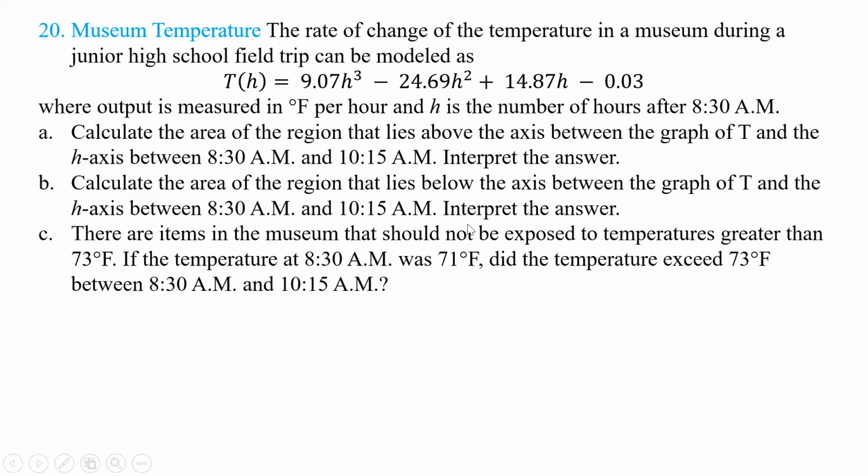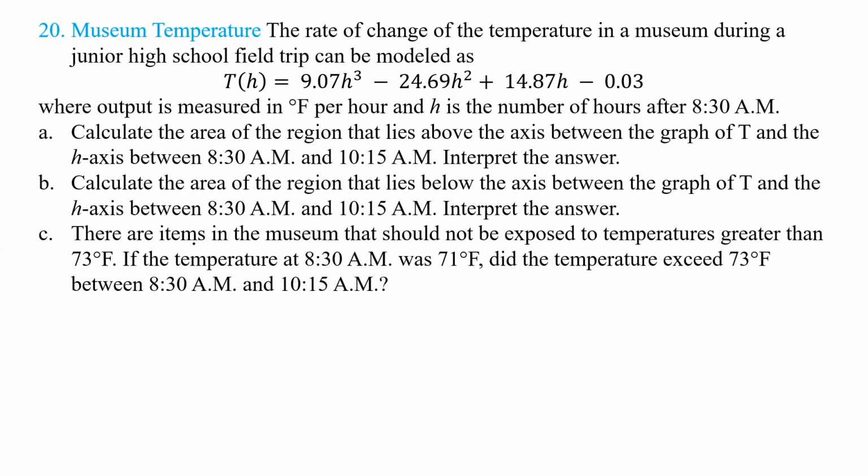All right, so here we have a museum temperature. So the rate of change of the temperature in a museum during a junior high school field trip can be modeled as, and they give us that thing where the output is measured in degrees Fahrenheit per hour, and H is the number of hours after 8:30 a.m. So we're supposed to A, calculate the area of the region that lies above the axis between the graph of T and the H axis between 8:30 and 10:15, and interpret the answer, and then calculate the area of the region that lies below the axis between the graph of T and the h-axis between 8:30 and 10:15, interpret that answer.